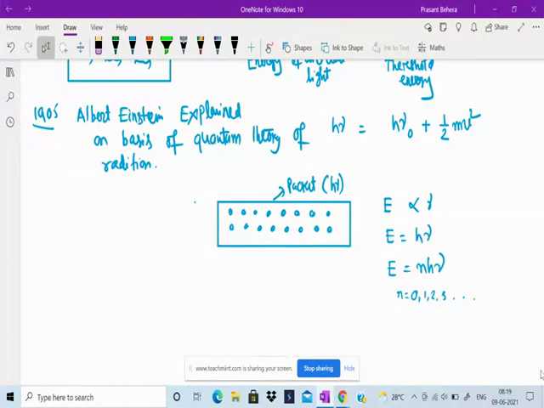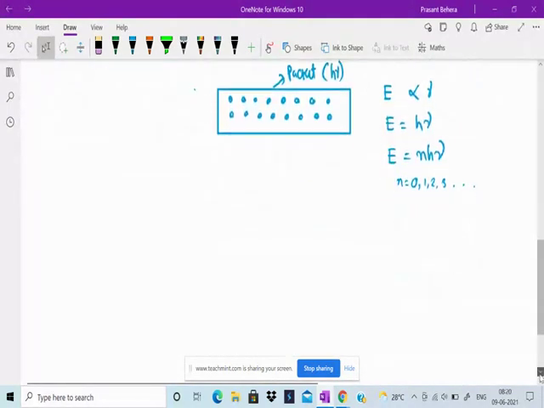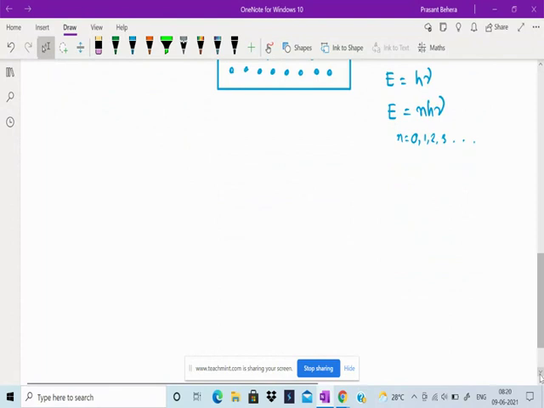The greater the energy possessed by the photon, the greater the energy transferred to the electron and the greater the kinetic energy. That means we saw the graphical representation.